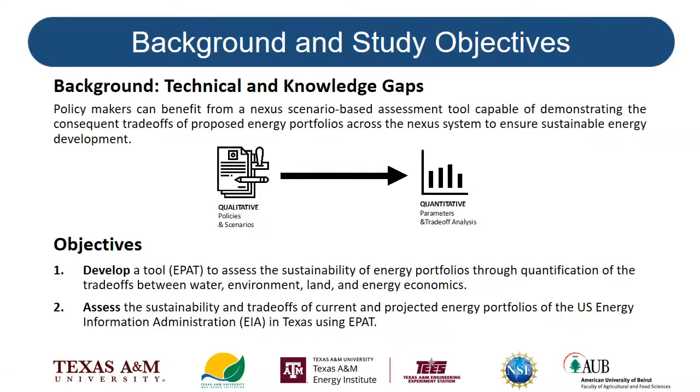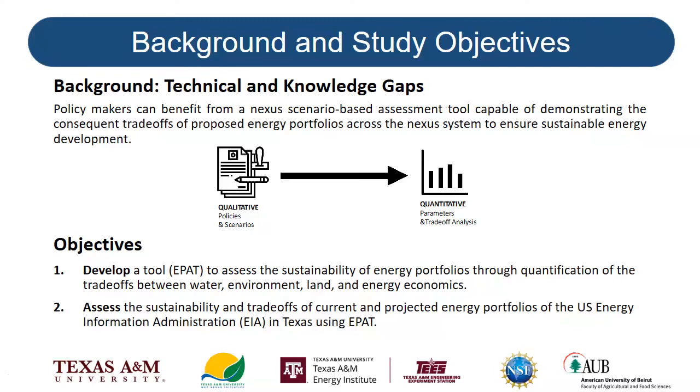Basically, the theme of this whole webinar is to stress on Nexus awareness and Nexus holistic frameworks that can help policymakers bridge this technical and knowledge gap in policymaking for us to ensure a long-term sustainability for not only the energy system, but also the connected natural resource system.